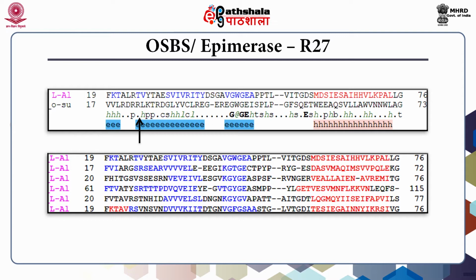The arginine at this position has been replaced with alanine, serine, threonine, isoleucine or valine in these 6 epimerase sequences, indicating loss of the electrostatic interactions to fold the epimerase differently for positioning the same catalytic residues to catalyze the epimerase reaction.